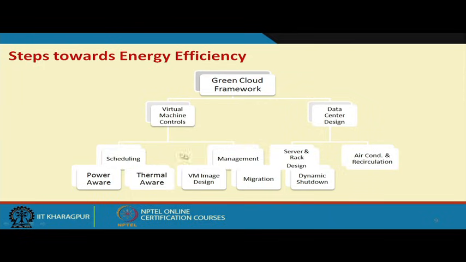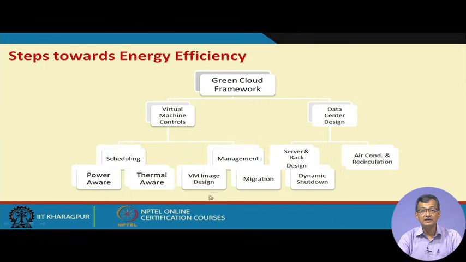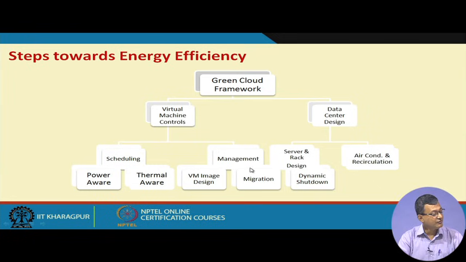Another is VM management, which is VM image designing: whether we can have an efficient design of the VM image, with only those packages or services which are required uploaded there. Another is whether you can look at VM migrations.